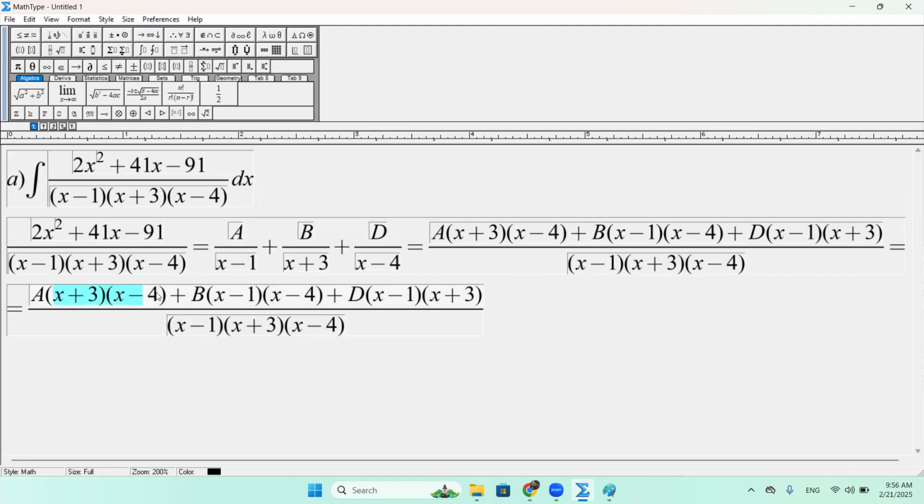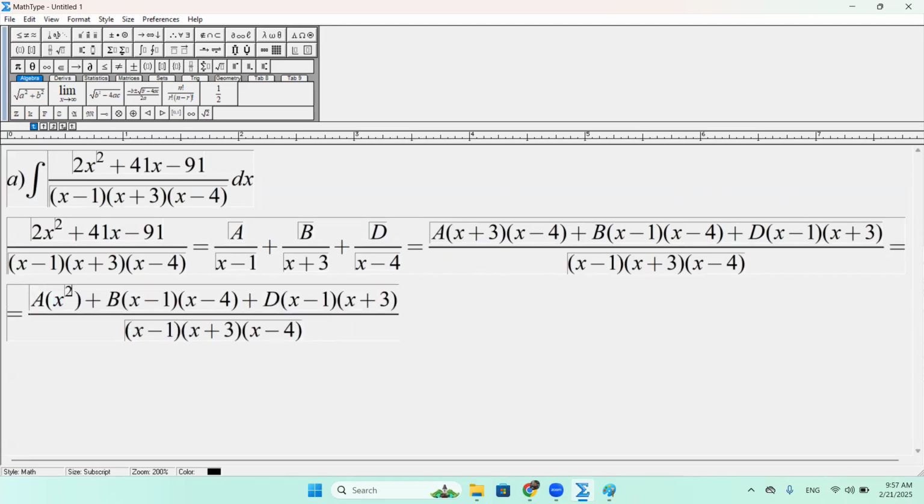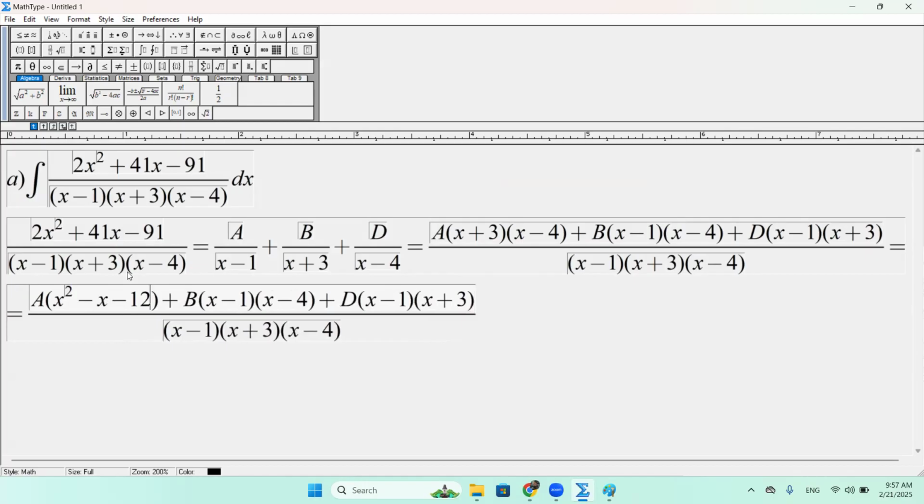So for A, what do we have? x squared minus x minus 12. For B, x squared minus 1 minus 4, minus 5x plus 4. And for D, x squared plus 2x minus 3.